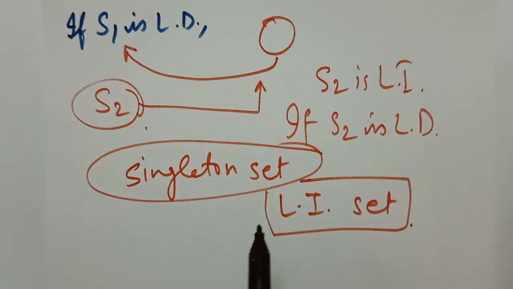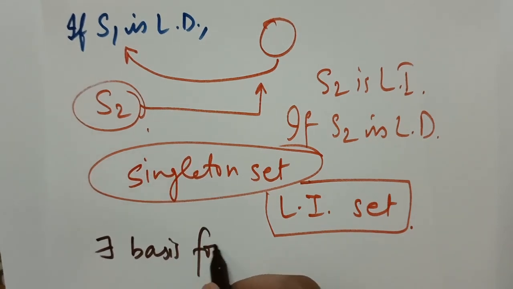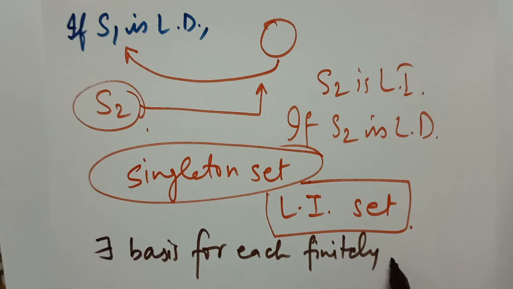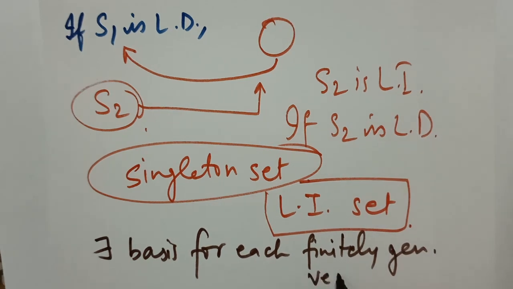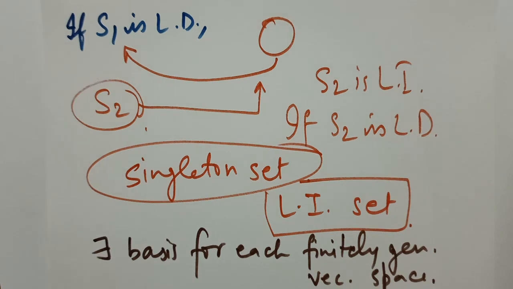So this will be the point when our repeating process will end and we'll finally get to know that there exists a basis for each finitely generated vector space. So our theorem will be proved.